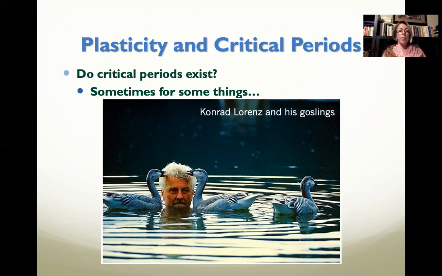The funny dude in the picture with geese was testing this critical period for these geese, in that whatever these geese see first after they hatch, they consider mom and bond to that animal. So he arranged that he would be the first thing that these geese saw when they hatched, and here he is showing them how to swim.